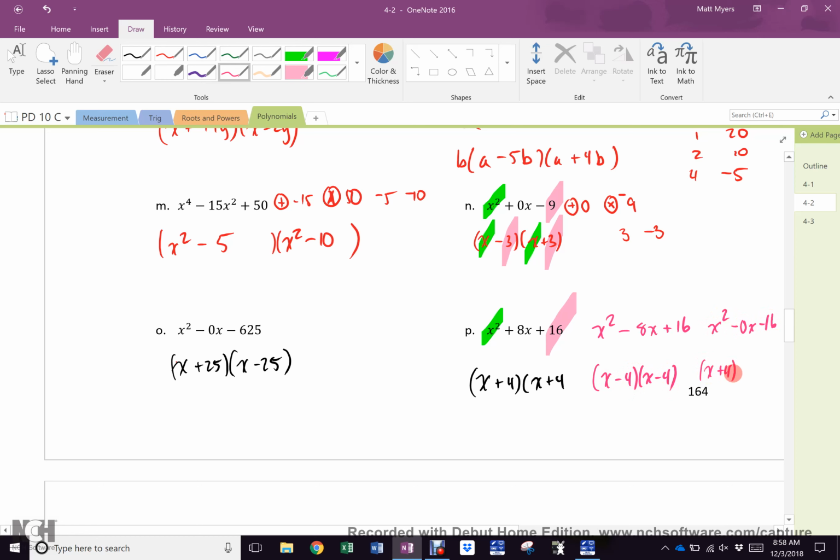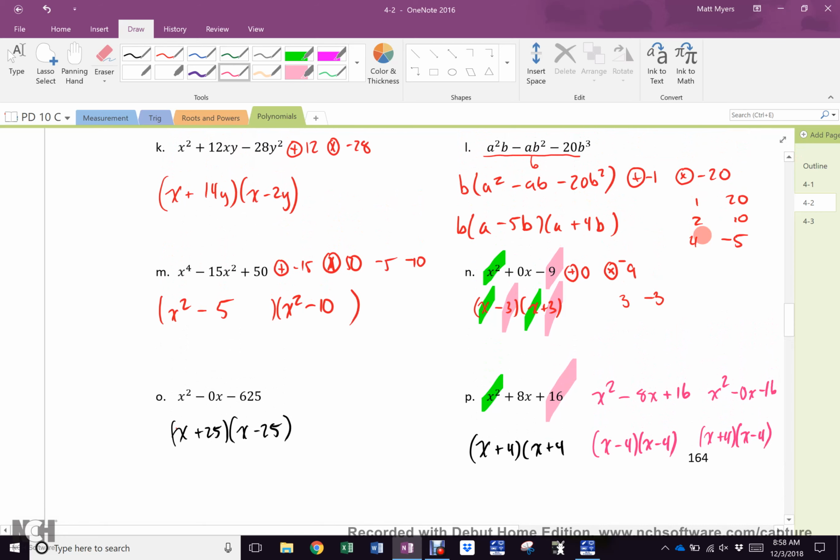X plus 4, x minus 4. Is everybody good with this kind of factoring? If you know your times tables, this is super easy, right? But even if you don't, you can always do one of these lists that your teacher in grade 5 had you make, pairs of factors, right?